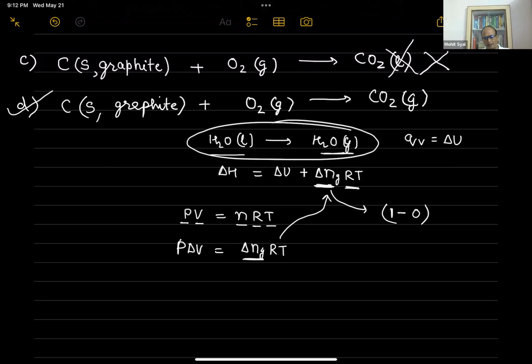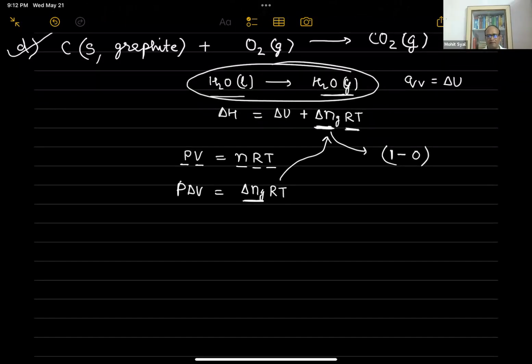So with that, you can do delta H equal to, and sometimes many questions in the assignment ask whether delta H is larger or delta U is larger. So, Navila, let's say this is the relationship. Which is larger in value?